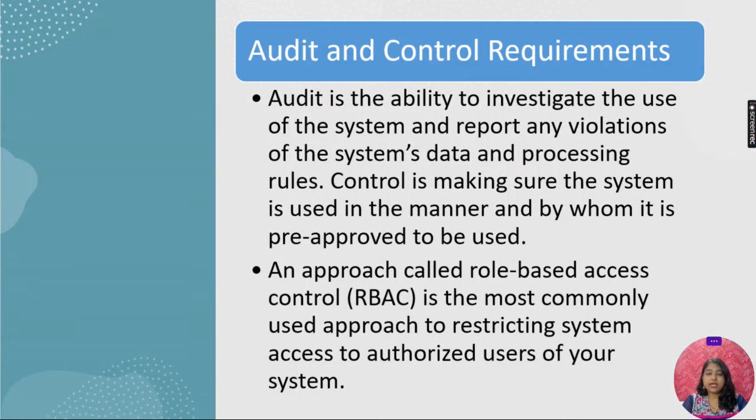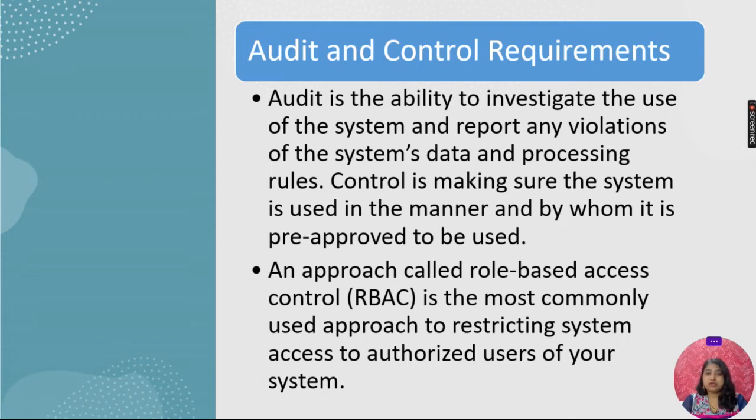Now, audit and control requirements. Audit means the ability to investigate the use of the system and report any violations to the system's data and processing rules. That means we should be able to audit the entire system to find out if there are any violations in the system. Now, the control requirement is that we should be allowed to control the system.